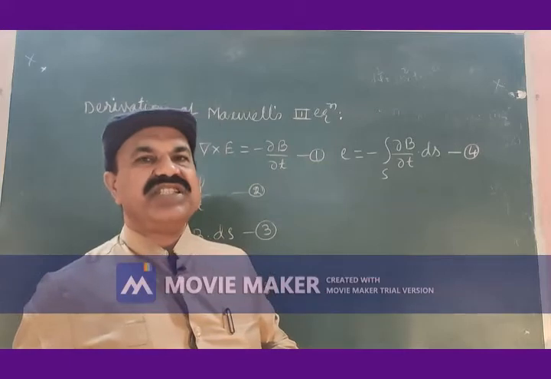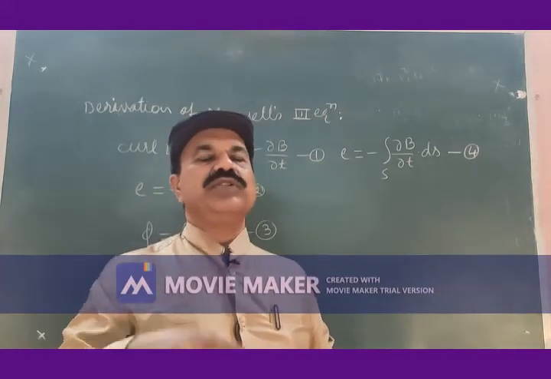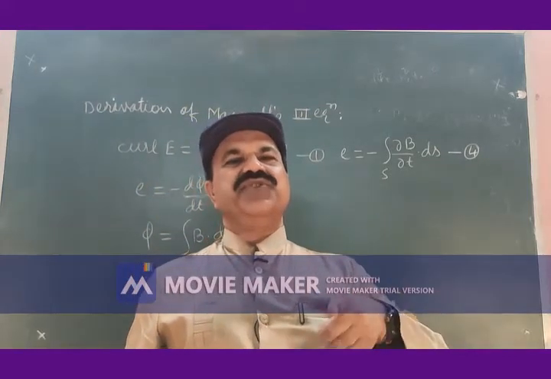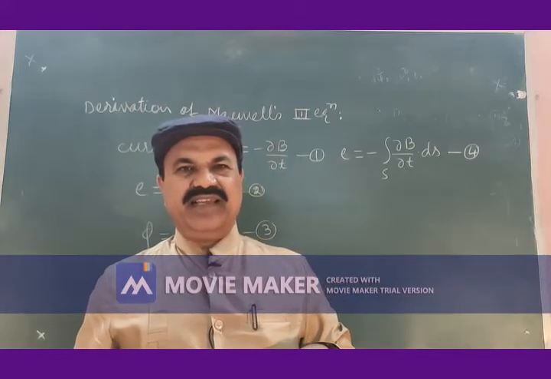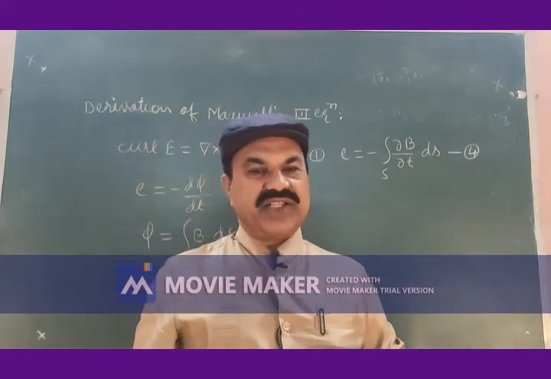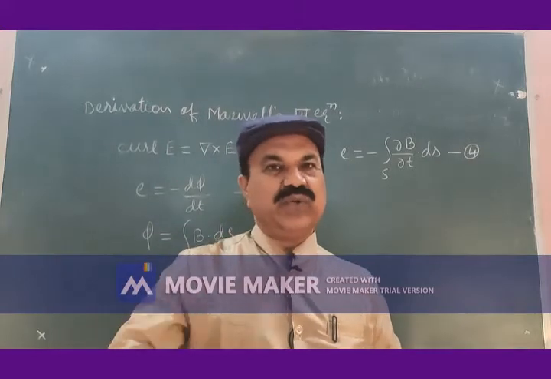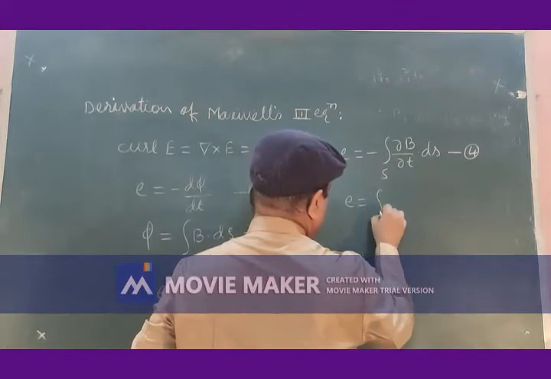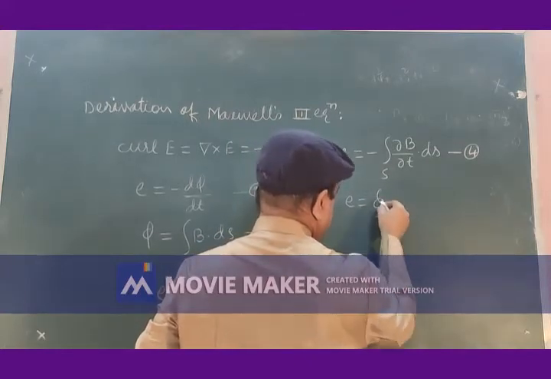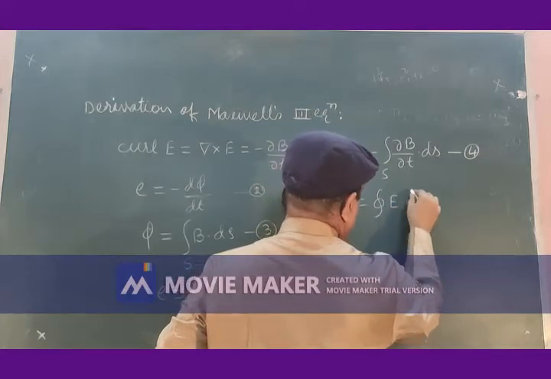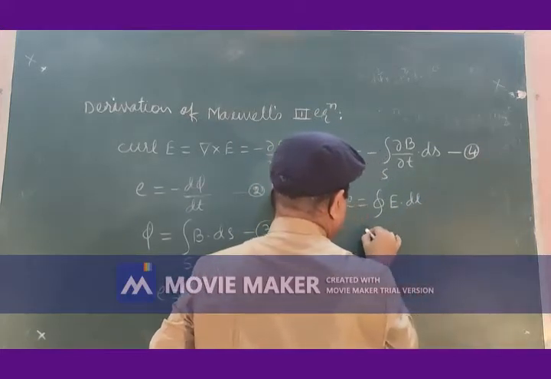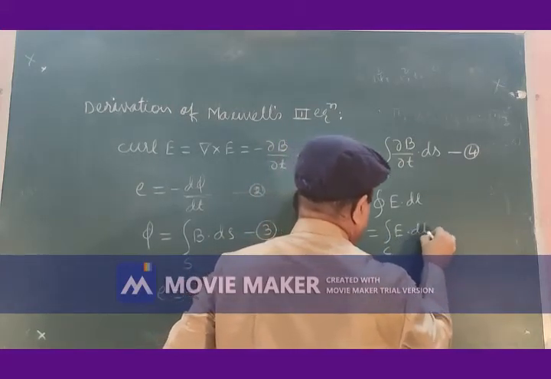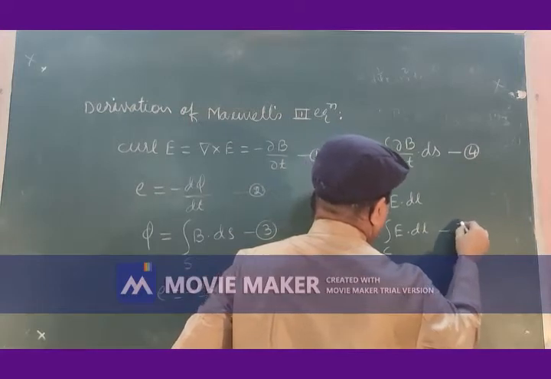If some charge is allowed to move around a closed path, current will change. Changing current will induce the EMF. The EMF induced by circulation of the charge around a closed path is given by E is equal to the line integration of E dot dl, equation number 5.